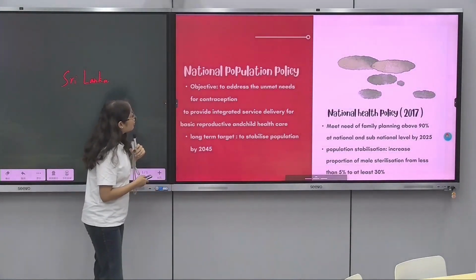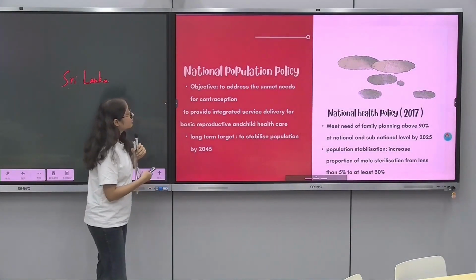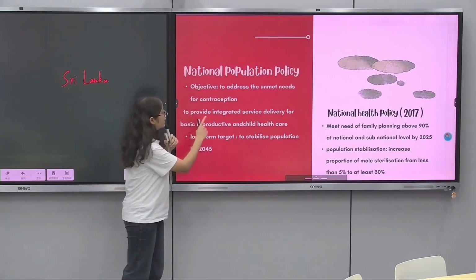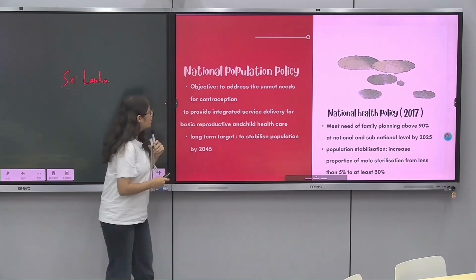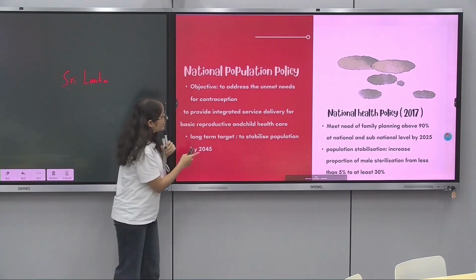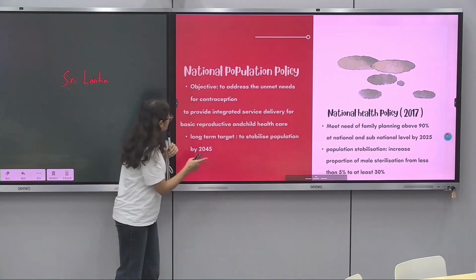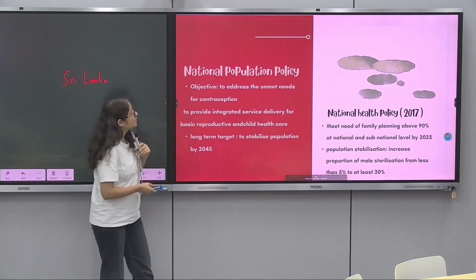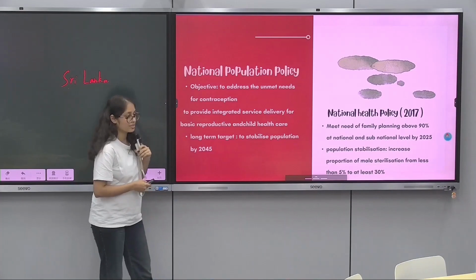So, National Population Policy, this was given in 2020. In order to address the unmet needs for contraception and to provide integrated service delivery for basic reproductive and child health care, this National Population Policy was given.